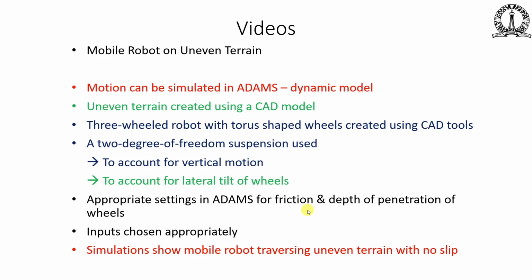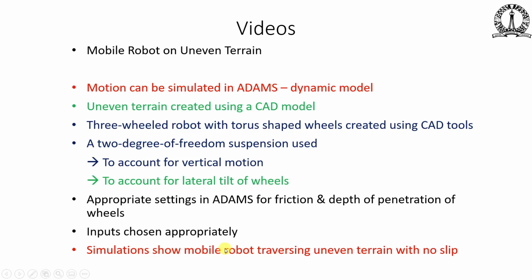In the MATLAB simulations, I did not specify any friction at the wheel-ground contact point, because that was the way it was developed. We don't need to incorporate friction at the wheel-ground contact point in MATLAB. Basically, there is no slip, so there is no friction.